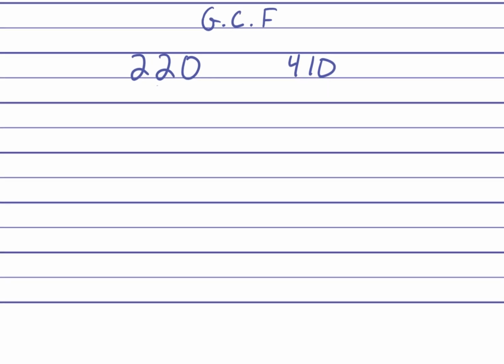So we'll start with 220. The easiest one is probably 10 and 22. If you did 2 and 110, you're going to get to the same result. 10 is 2 times 5. Both of those are prime, so I'm going to put a circle around them. 22 is 2 times 11.